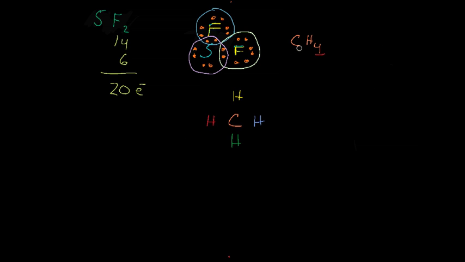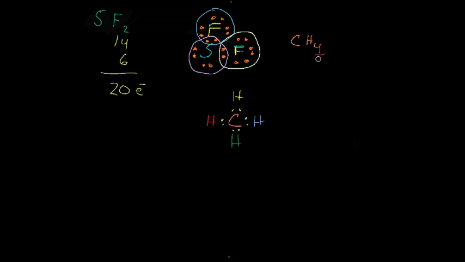So 4 hydrogens, 1 carbon. Alright, next thing, we know that they're all put together by at least single bonds. So let's just draw the bonds in here. Single bonds.